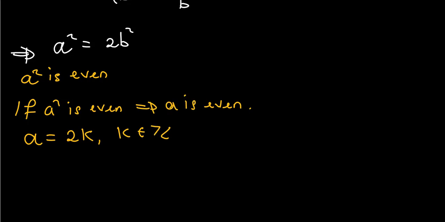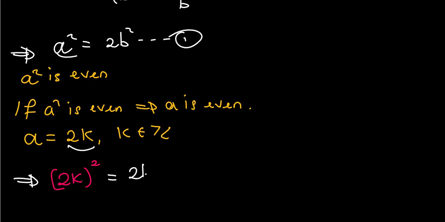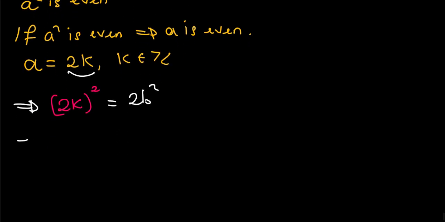Let's proceed. If I replace a equal to 2k in this statement, let's call that equation 1, we get 2k, all of this squared, equal to 2b squared. So we have 4k squared equal to 2b squared, from where we clearly see that 2 can cancel.